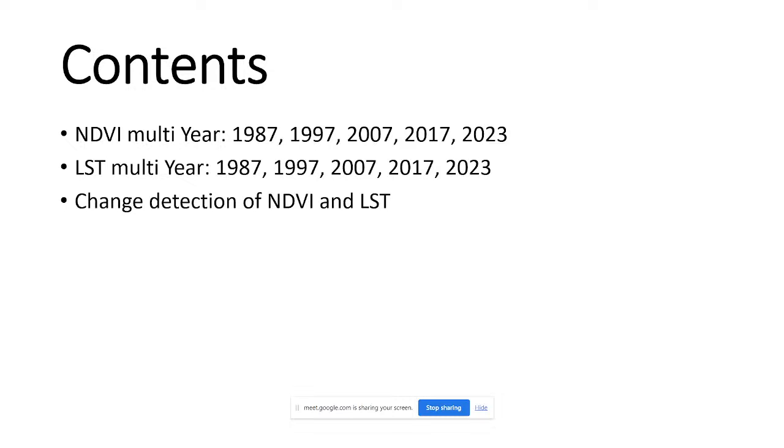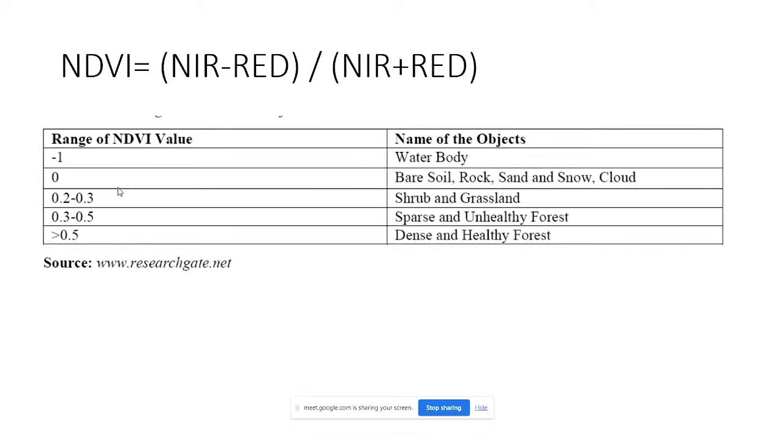We also calculate multi-year land surface temperature, such as 1987, 1997, 2007, 2017, and 2023. We also calculate the LST, and make the change detection of multi-year NDVI and LST. So let's go one by one.